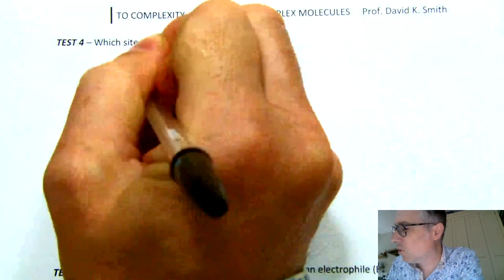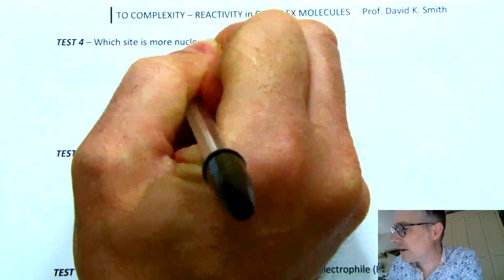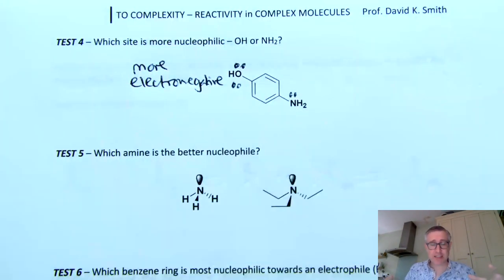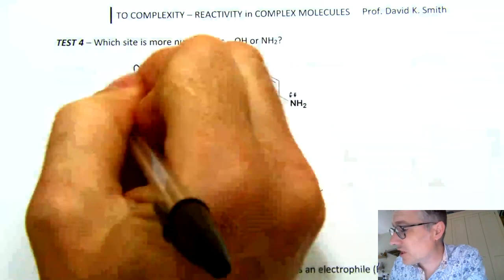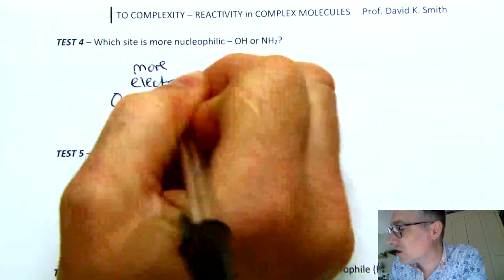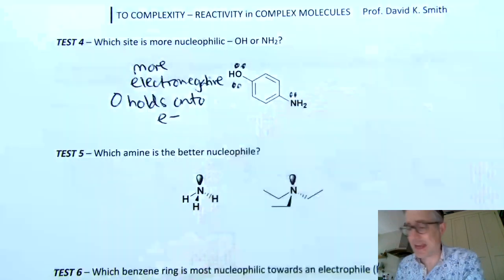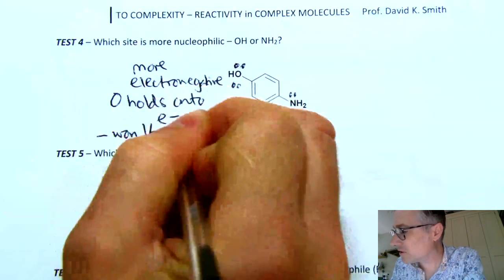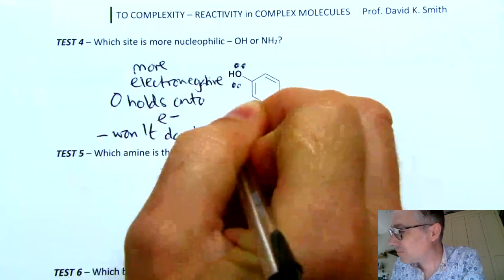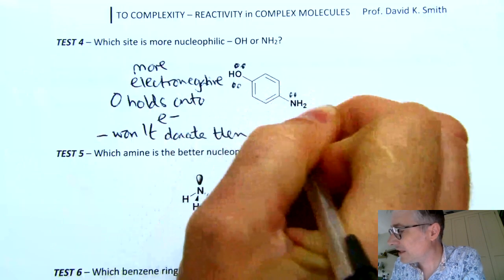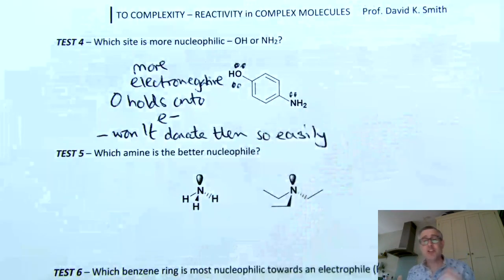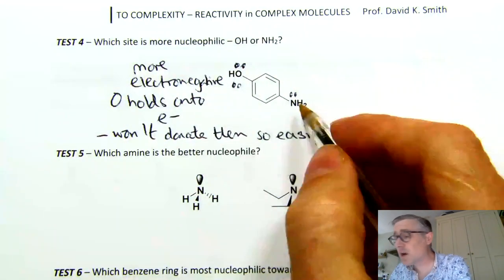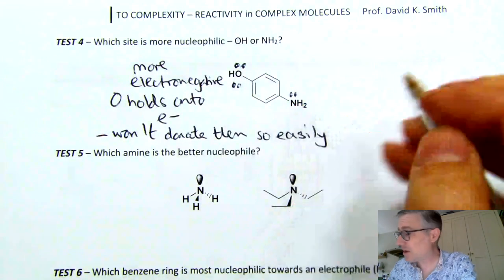Oxygen is more electronegative. And because it's more electronegative, it holds on to those electrons. Oxygen holds on to electrons. And it won't donate them so easily. It is nucleophilic, don't get me wrong, it will donate them, but not as much as nitrogen.